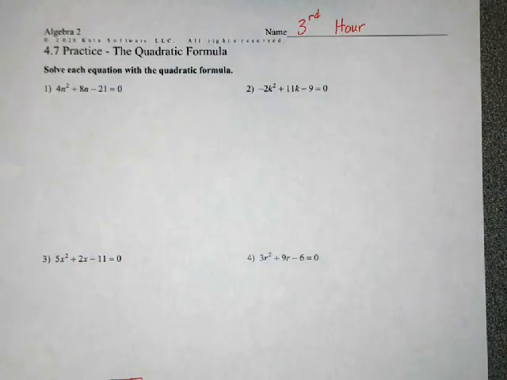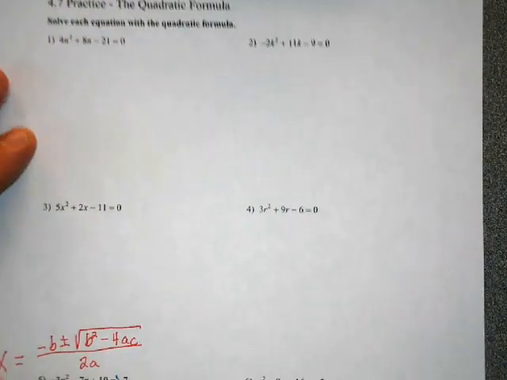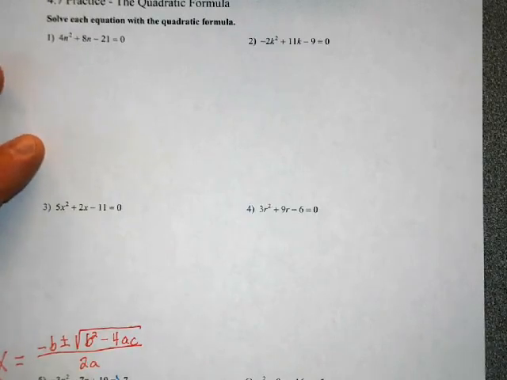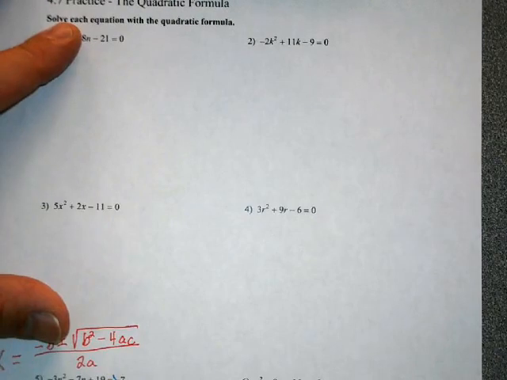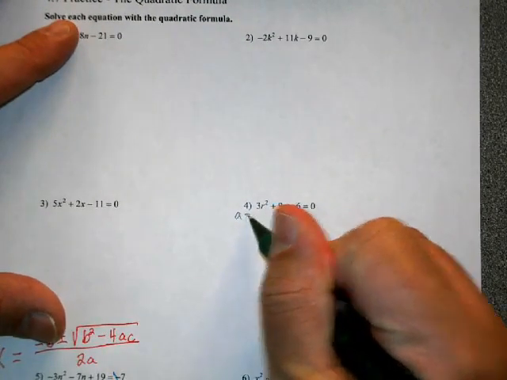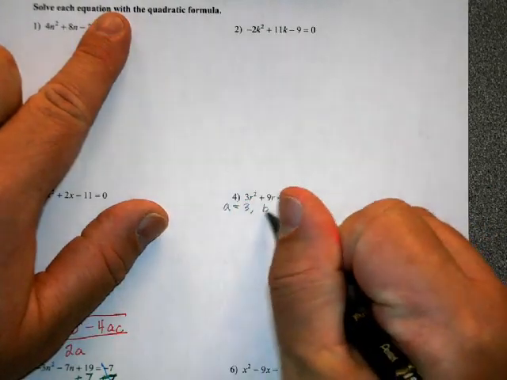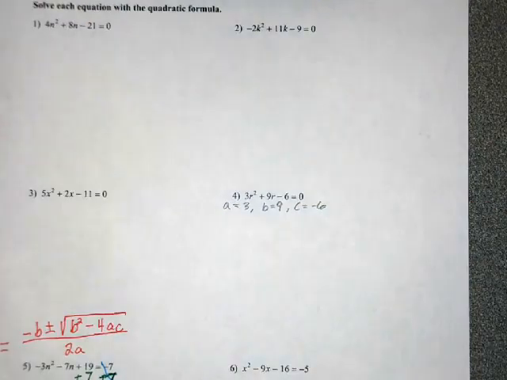Number 4 is one of those cases where, although it says use quadratic formula to solve these, many students, in fact pretty much all students, because I haven't really told you about it, automatically say quadratic formula when they go to do their A. So you go to your A equal 3, B equal 9, and C equal -6.